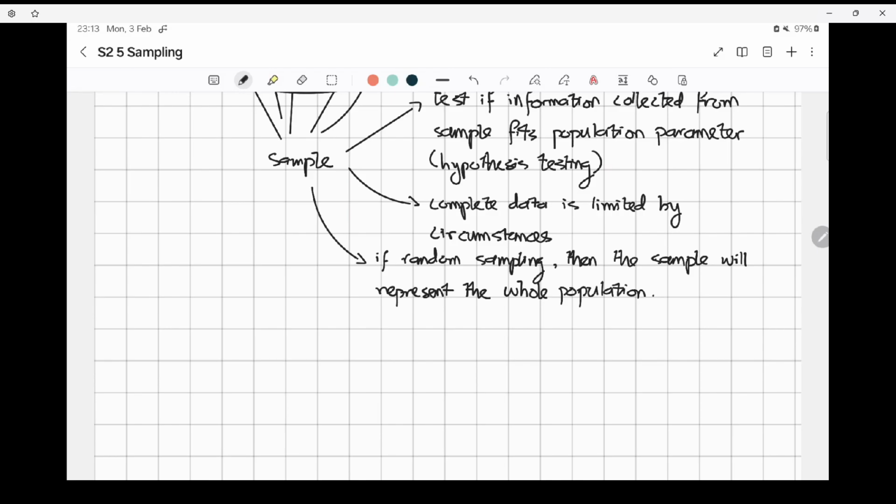If it is not representative, then the sample is biased.